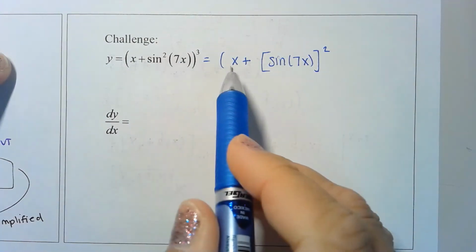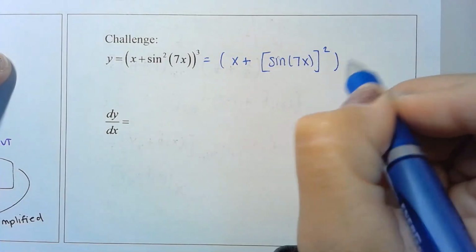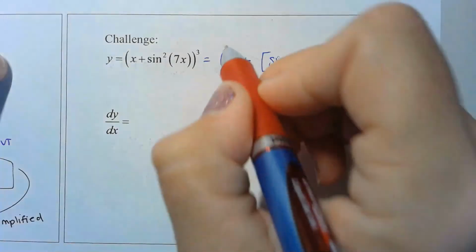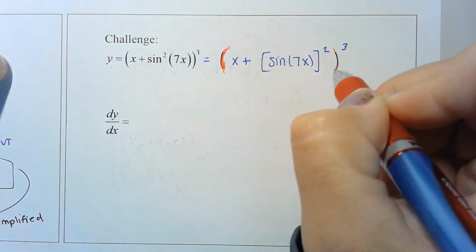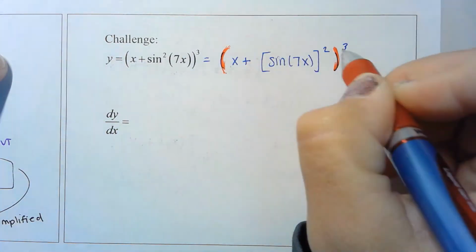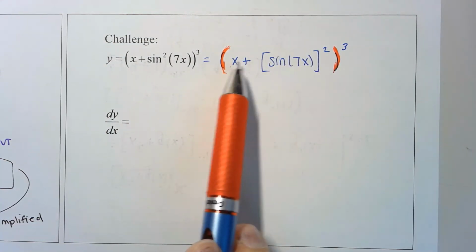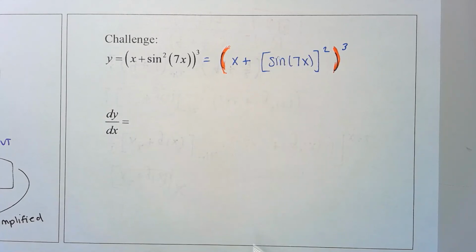I'm adding x to that, and I'm cubing the whole thing. I'm going to use some red parentheses so you see that a little better. Okay, so inside the red parentheses, it's x plus sine squared of 7x.